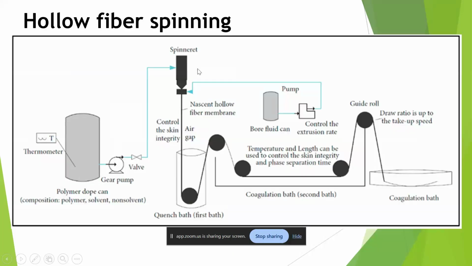Here we are passing the semi-formed hollow fiber into the water in order to make it proper, and it will be passed through a set of rollers to make it strong, and the washing of the solvent, the NMP and the other solvents being used, and then keeping it in the bath for some time for proper washing, and then the drying, and like that.